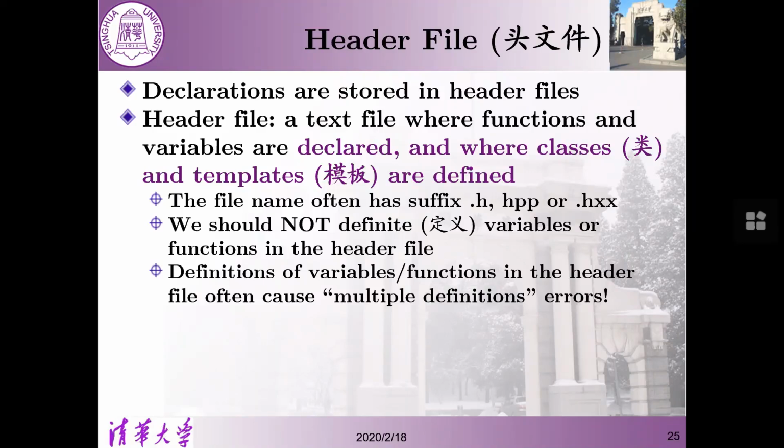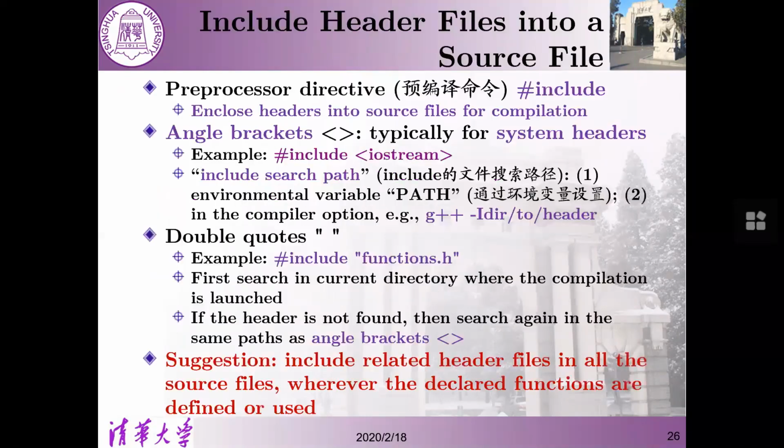So in the header file, we declare the functions and variables. And then in the source file, we include the header file. Then it will work. Okay. How to include the header file in the source file? We need a preprocessor directive, #include. This includes the headers into the source file for compilation. There are two ways. One way is to use angle brackets like this.